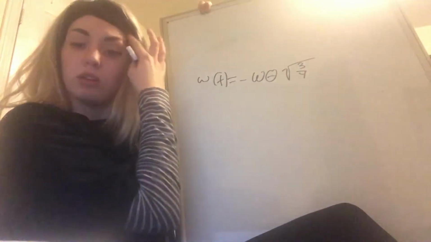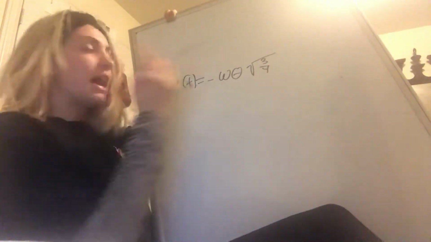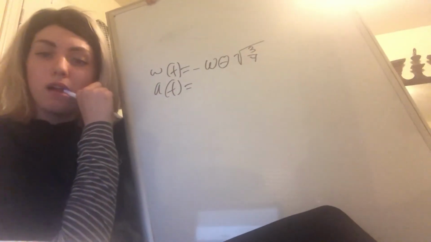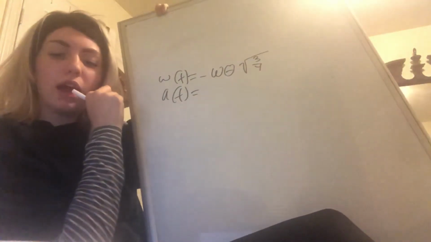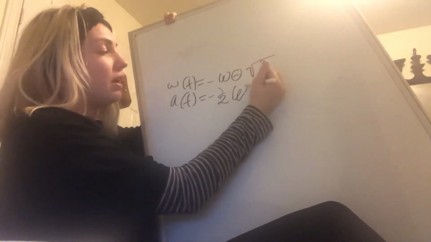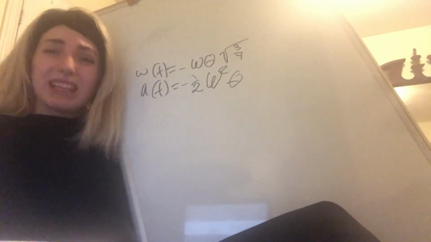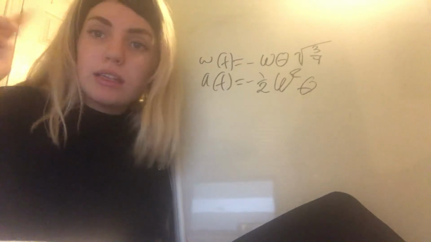And then we conclude from part A that alpha of t is equal to negative 1/2 omega squared theta. Therefore, as theta increases, cosine of omega t decreases.